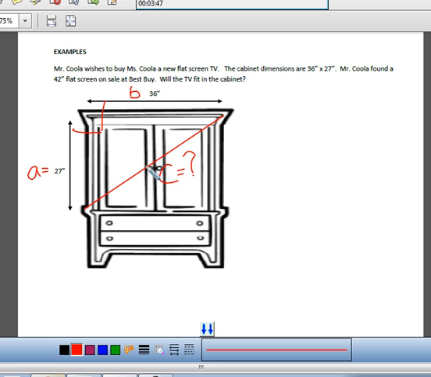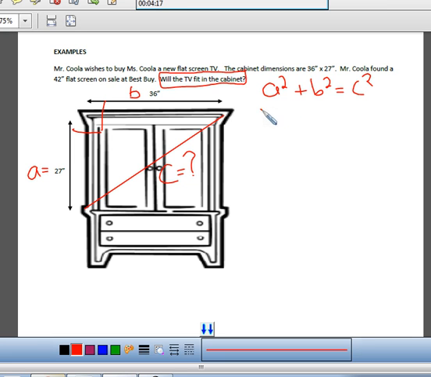So we need to find this distance here. Now we're going to find it for the cabinet. If the number that we get is smaller than 42 inches, then this TV will not fit. It'll be too big. So I'm going to use the Pythagorean theorem. Oh, by the way, here is the question we are answering. I'm going to use a squared plus b squared equals c squared.